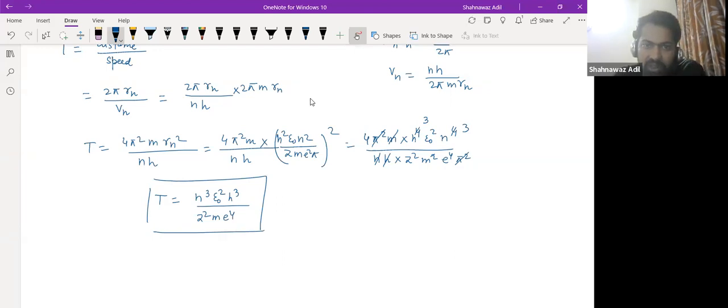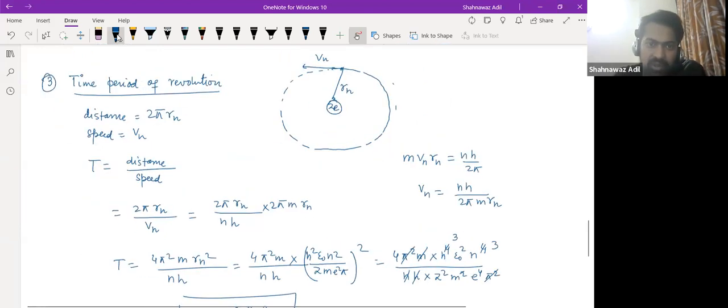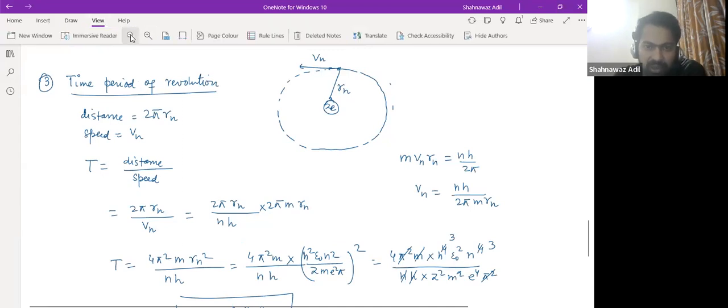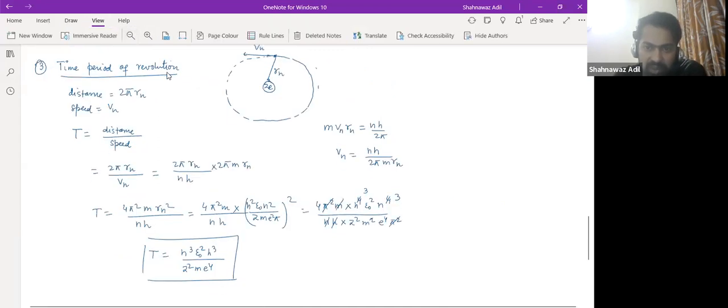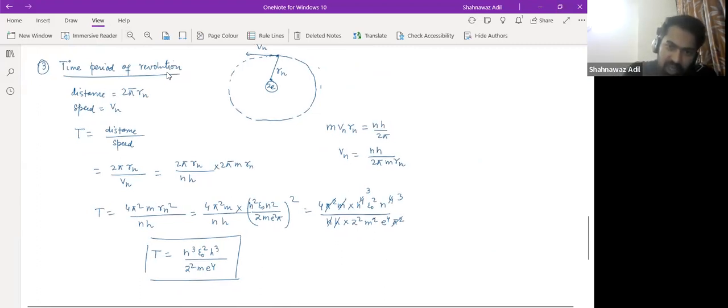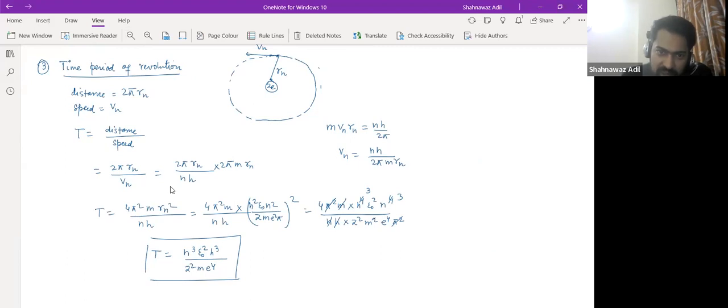You guys quickly note down this time period, and then in the next class we'll talk about this. We'll solve one question, and then it would be very easy to understand. So please note down this one, right? And let me check if I did it right. Yeah, I guess this is correct. Quickly note it down, and then we'll stop here. In the next class, we'll finish this chapter.